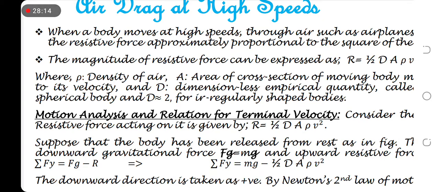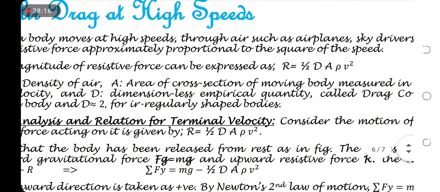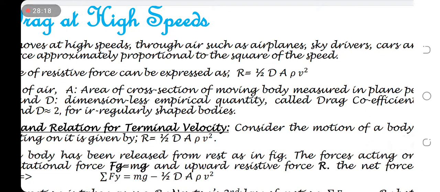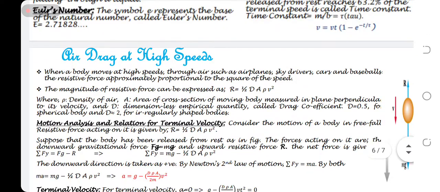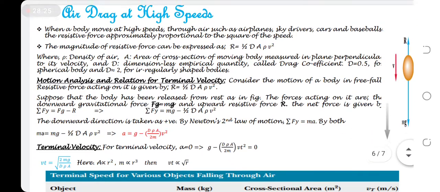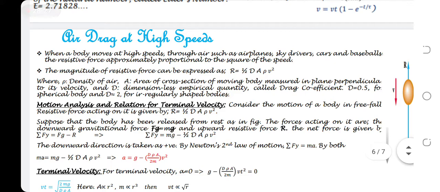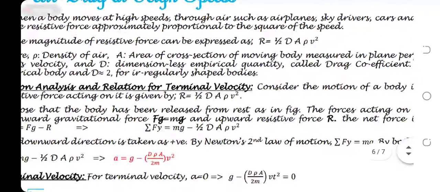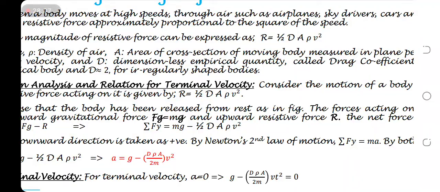The magnitude of resistive force can be expressed as R equals 1 by 2 D A rho v square, where 1 by 2, D, A, rho are all constants, only velocity is variable. Rho is the density of the air or medium.